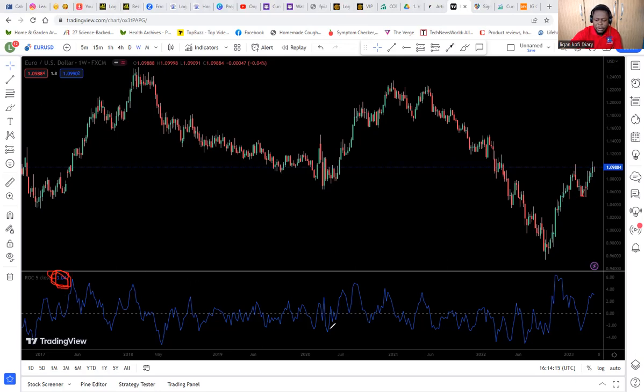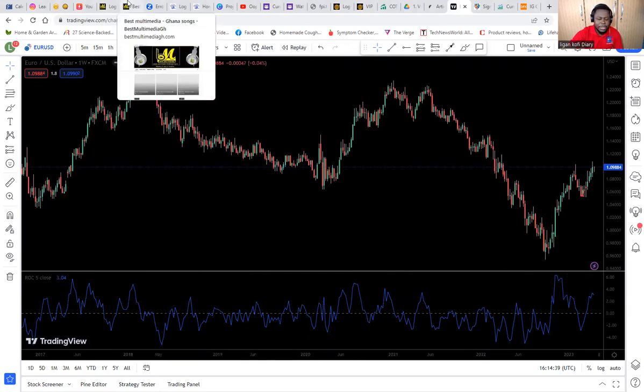If you leave the cursor on the chart, it will give you a wrong figure because it will be displaying the figure of where the mouse is. If I put it here, the figure is negative 2.30. If I bring it forward here, negative 3.50. If I bring it down here, the figures are changing. So you don't leave the mouse there at all. You move it away from the chart and you see 3.04. That is the current figure that this tool is giving you for the last 5 weeks.